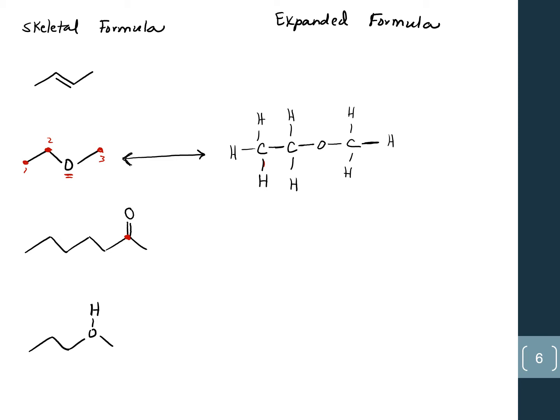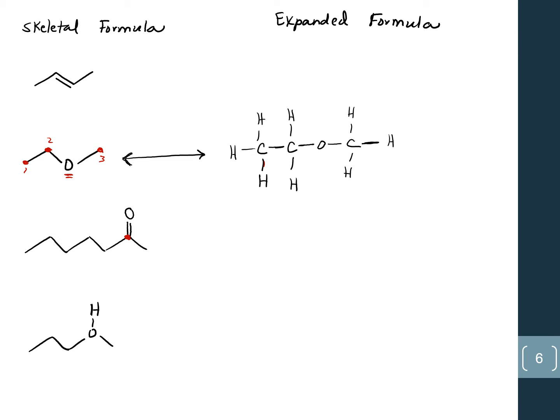If you have hydrogens bonded to any atom different from carbon, the hydrogens are going to be showing up. The ones that are not showing up are the ones that are bonded to the carbon, because you can determine how many hydrogens are bonded to the carbons based on the rule that carbon forms 4 bonds.